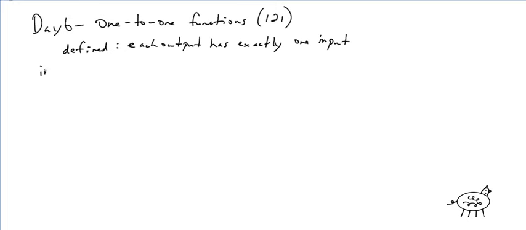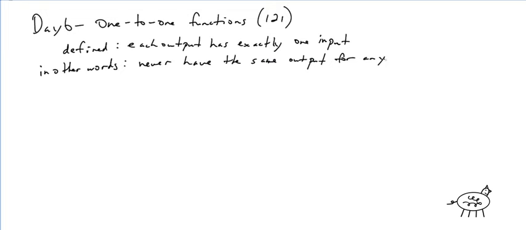In other words, to give you a clearer definition, you'll never have the same output for any two inputs. You'll never have the same output for any two inputs.